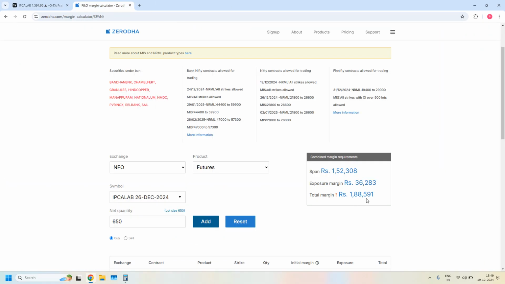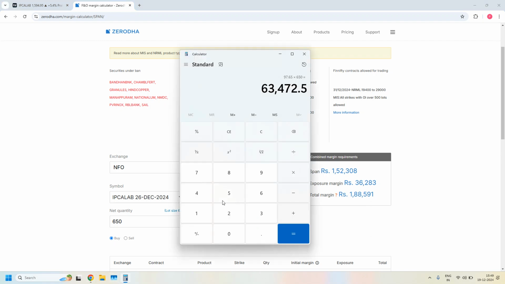Now it is showing 1,88,000. Definitely the futures cost would have been 1,82,000 or 83,000 around. You have to calculate. So for better clarity, I am giving 1,85,000 only. I'm adding more margin value. Actually its cost was around 1,82,000 something earlier.